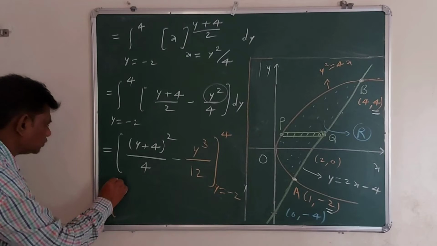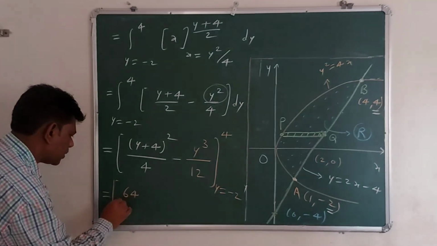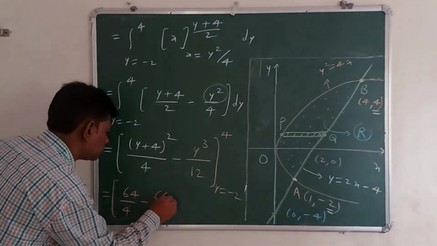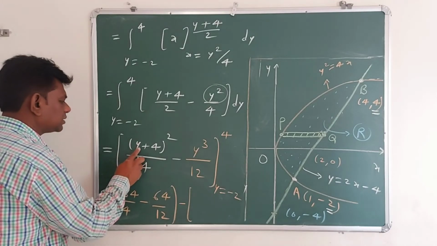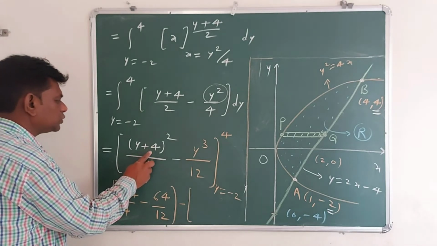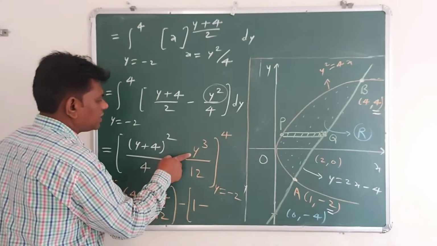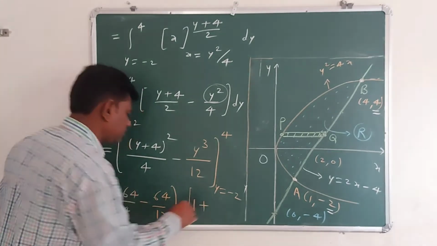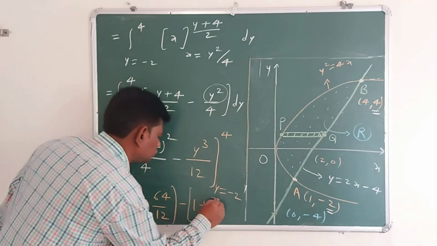Now substitute upper limit minus lower limit. This is equal to 4 plus 4, 8, 8 square 64 by 4, minus 4 cube, 64 by 12, minus the lower limit: y equal to minus 2, so minus 2 plus 4 is 2, and 2 square is 4, minus, now minus 2 to the power 3 is minus 8, minus minus plus, 8 by 12, which is 2 by 3.